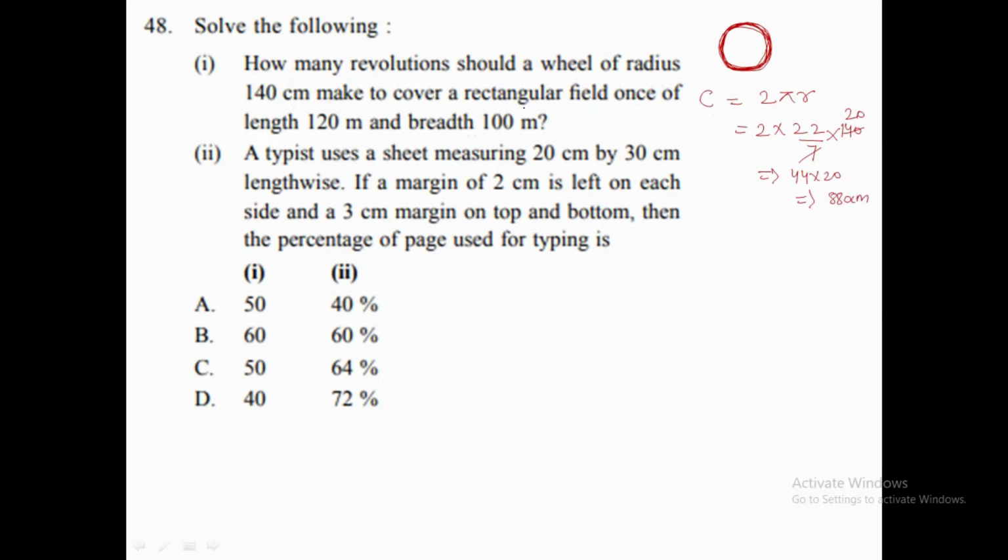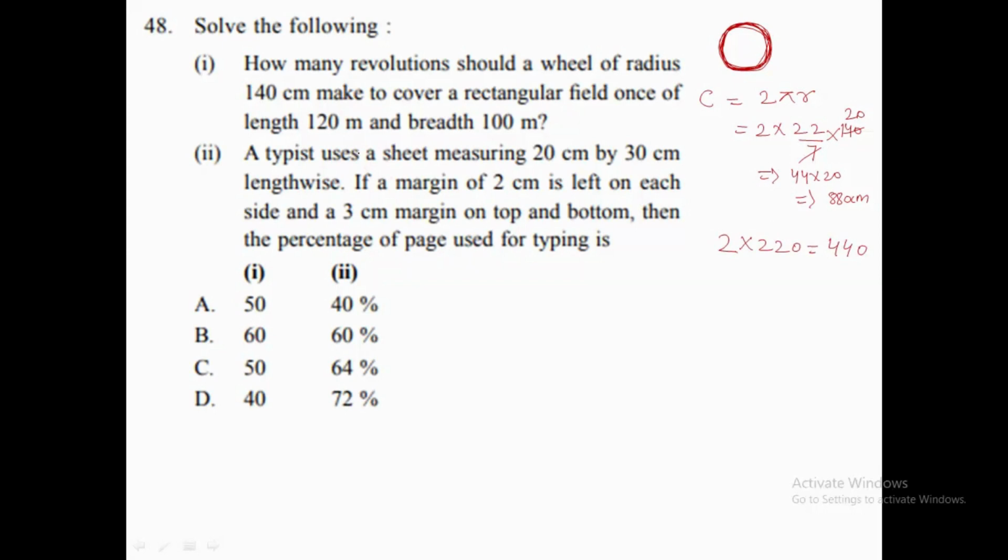Now it is saying that it has to cover a rectangular field once, of this length and this breadth. For this we will find the perimeter of the rectangle, which is equal to 2 into (L plus B), which is 120 plus 100, equal to 220. We will multiply it by 2. We are getting 440. Now what do we need to do? How many revolutions will it take?